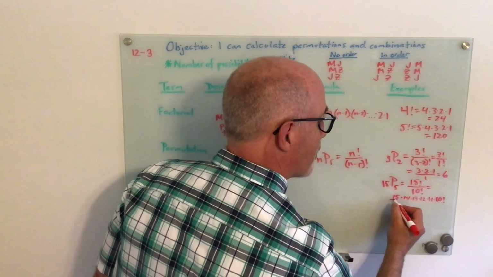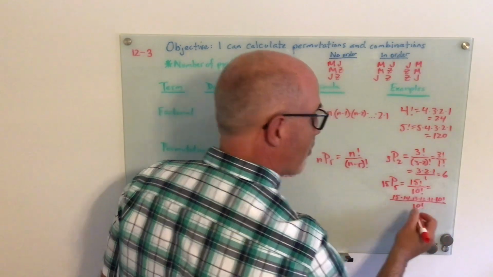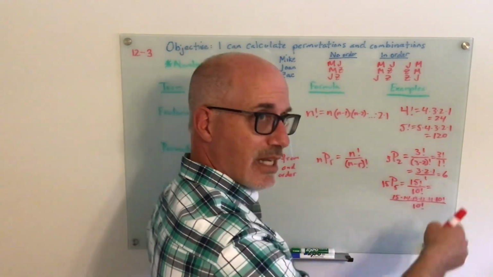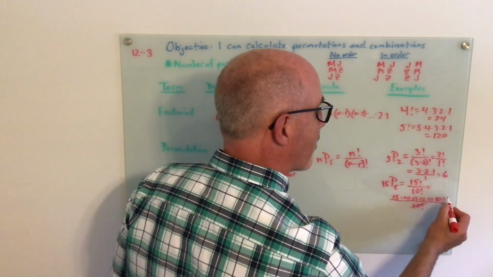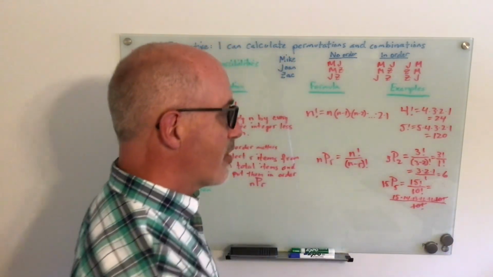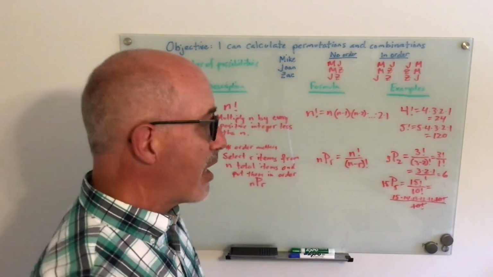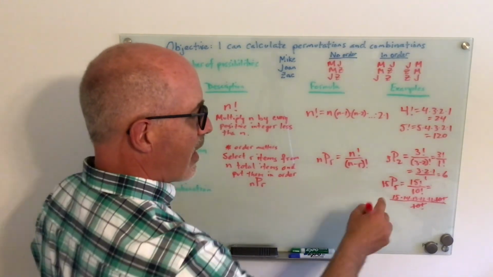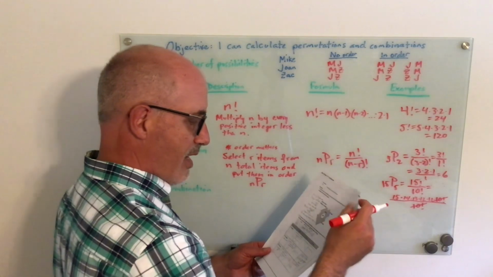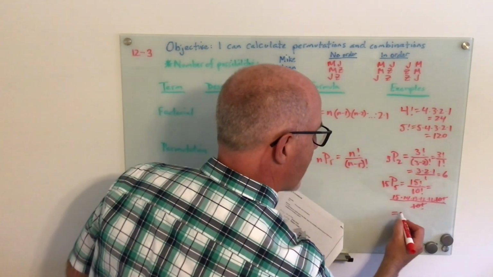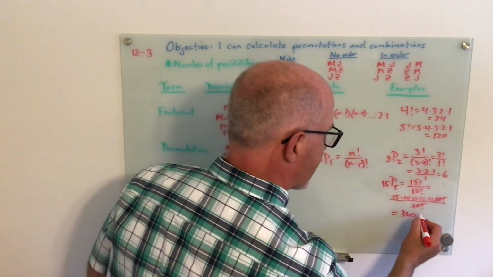I'm going to do this below because it's hard to read if I do it too small. That 10 factorial, 10 times 9 times 8 times 7 times 6 and all the numbers below, appears on the top and the bottom, so it cancels out. Now all I have to do is multiply 15 times 14 times 13 times 12, and I get a total of 360,360.